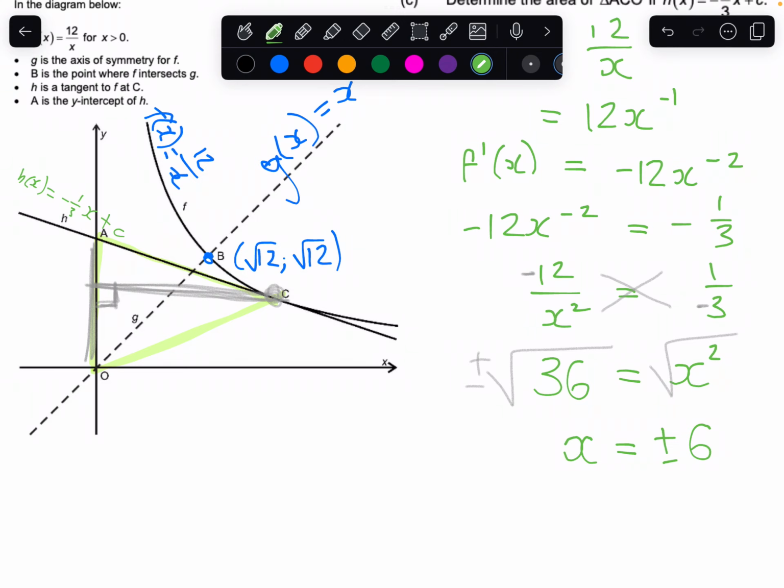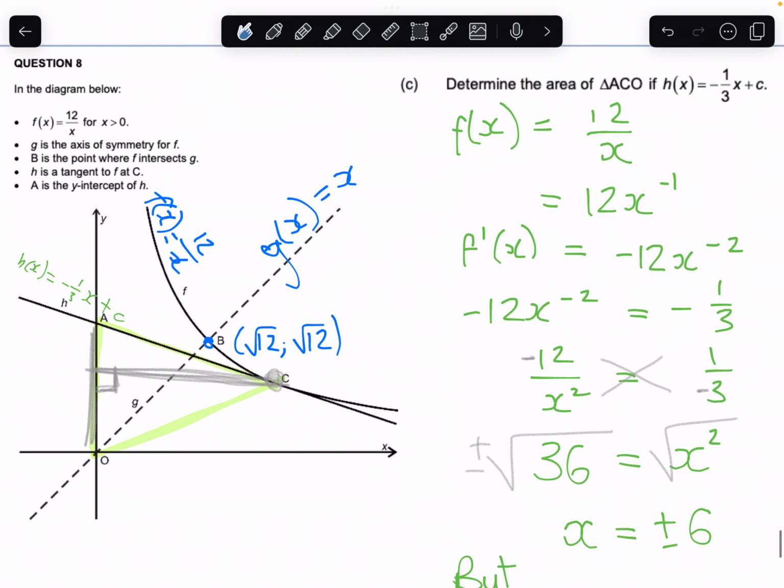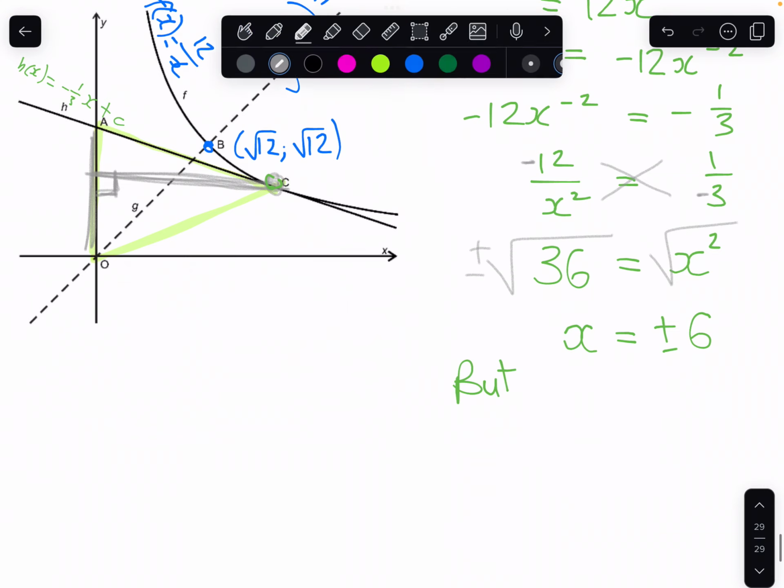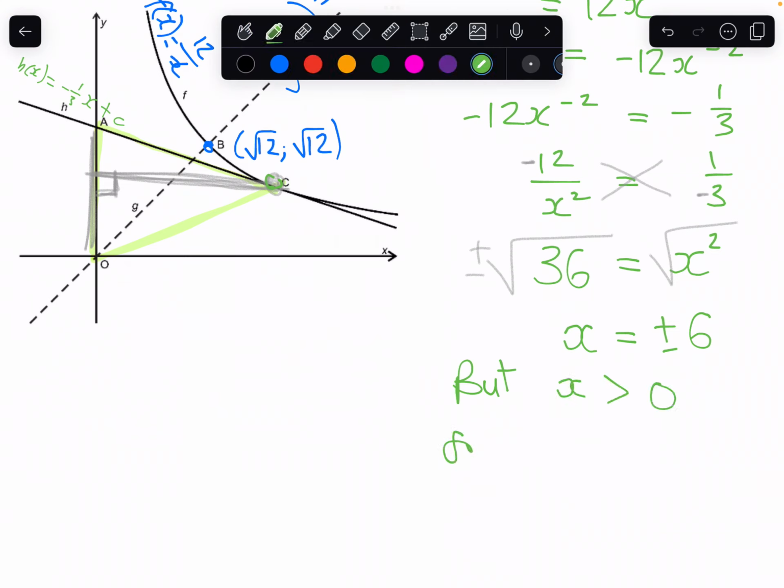But again, we are only dealing with the portion of the hyperbola where x is greater than 0. Because C is a point on that graph, x must be greater than 0. So actually x is equal to positive 6.